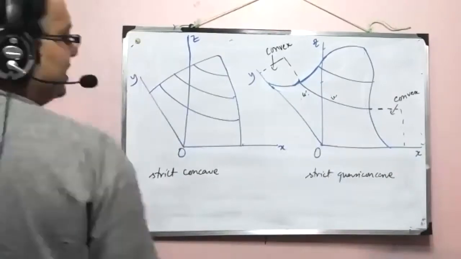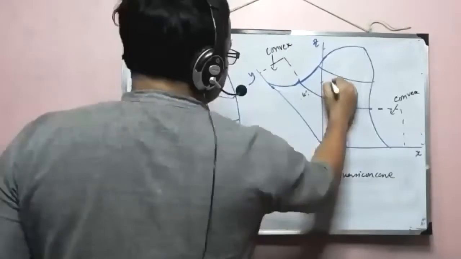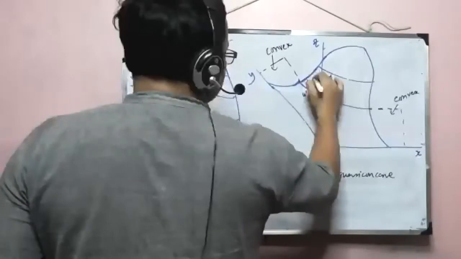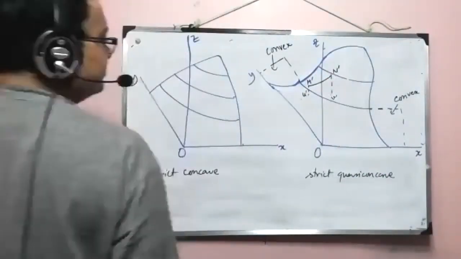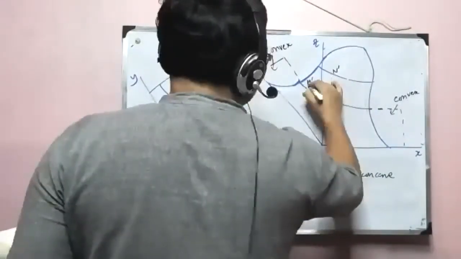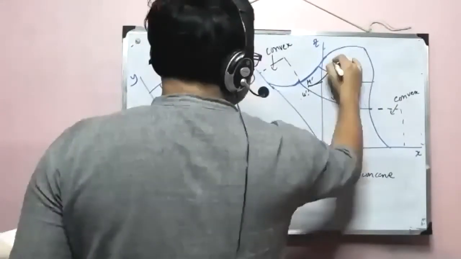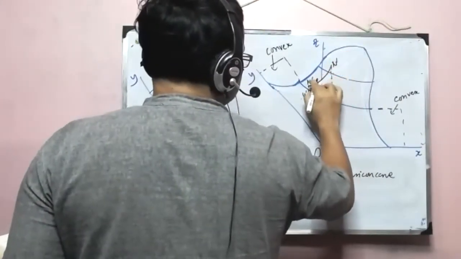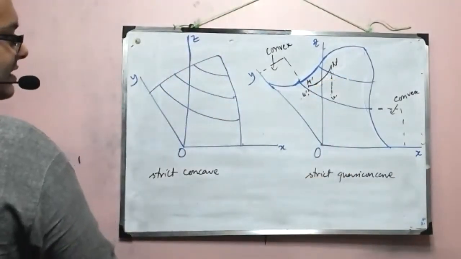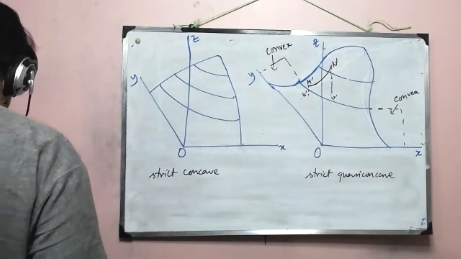These two points are at the base. Now if I look at the points m and n, then m and n will be looking like this, right? M dash and n dash. Sorry, it will be even more strict. So it will be like this. So on the surface of this function, this m dash and n dash will be like this. And that is what makes it strictly quasi-concave, right? Correct?